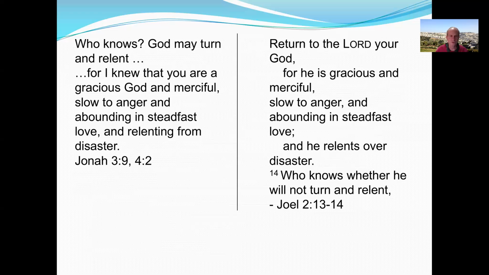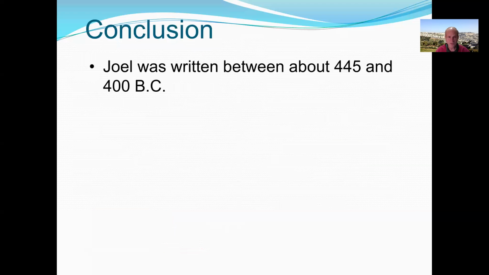But if Jonah was a book which had made it into the canon, so to speak, the canon as it existed at that time, then Joel may have read Jonah. So I think that's a clue that Joel at least was later than some of the earlier writing prophets. So in conclusion, I've got Joel down as a very late book. It was written between 445 and 400 BC.